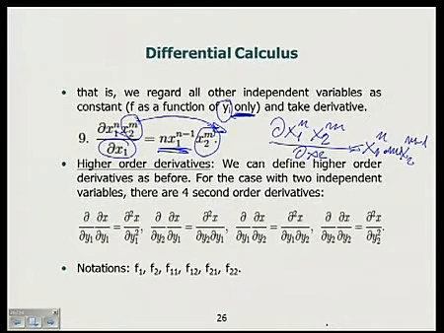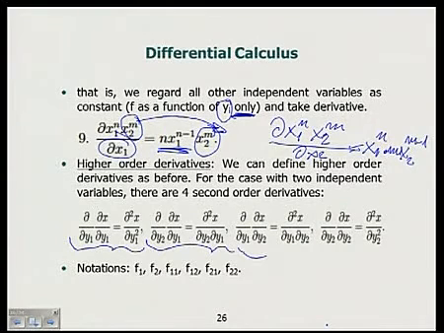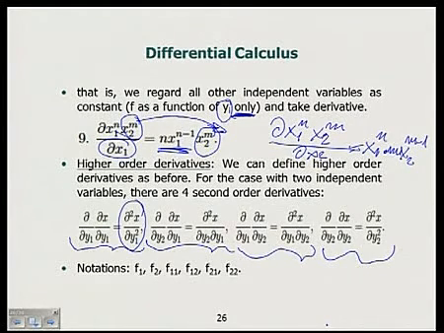Higher-order derivatives. We can define higher-order derivatives. As before, for the case with two independent variables, there are 4 second-order derivatives. This is the first one, the second one, the third one, and the fourth. As you can see, the first one is the second derivative of x with respect to the first variable squared.